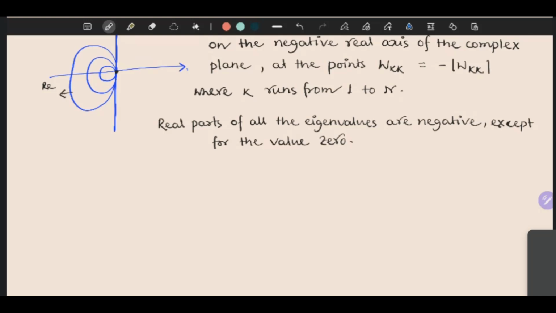So except for the value 0, all the real parts will be negative. Okay.